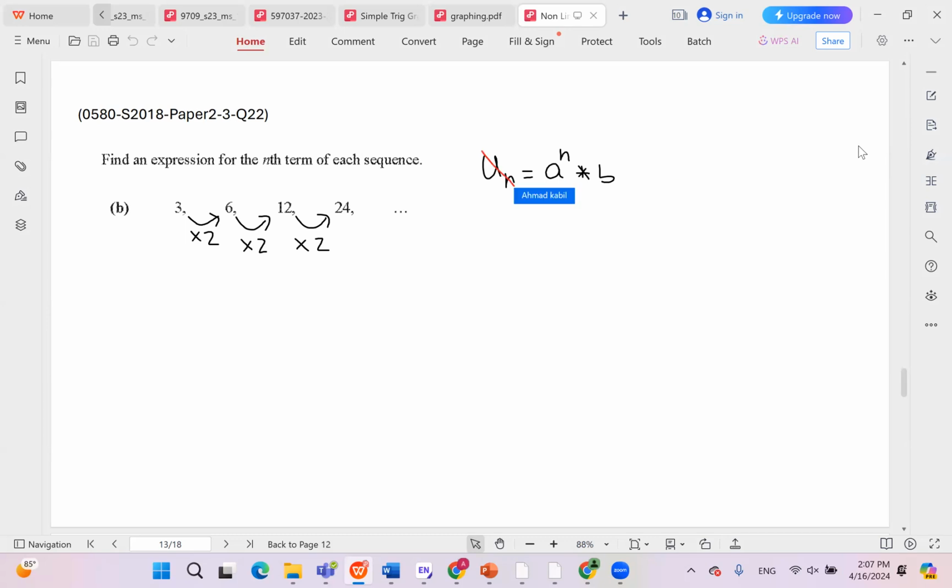The first term is 3. I'm going to put a as the number I got, which is 2, and I'm going to put n as 1 in order to get b. So b is simply 3 over 2. So un is 2 power n times 3 over 2.